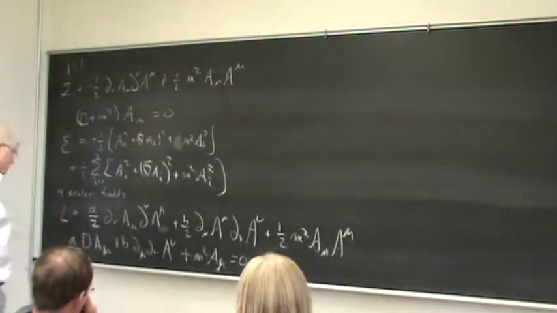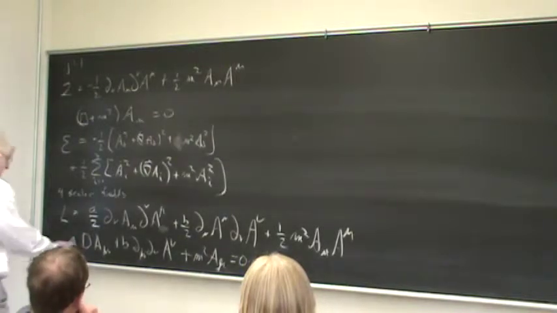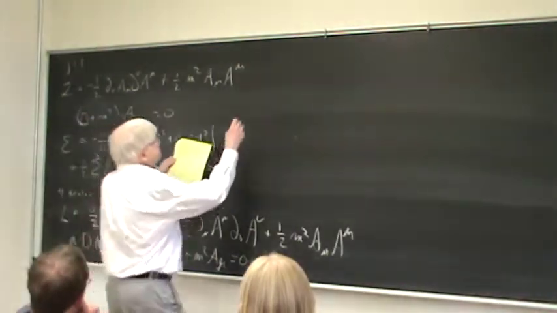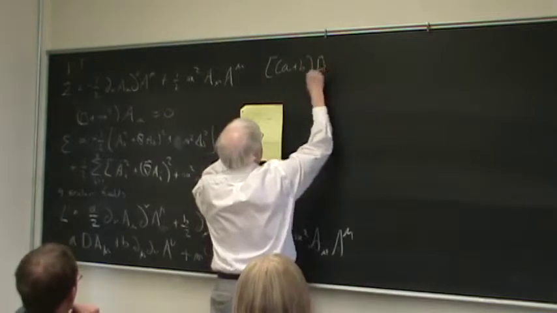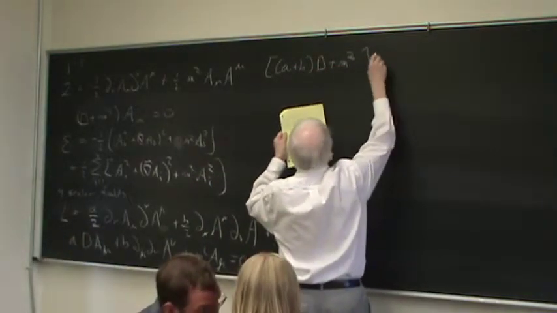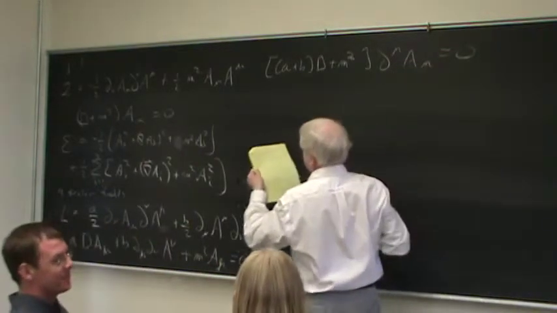So that's the equation of motion, and we can extract some meaning from that if we just take the divergence of this equation. And if we do that, what we get is A plus B box plus m squared, d mu A mu equals 0.